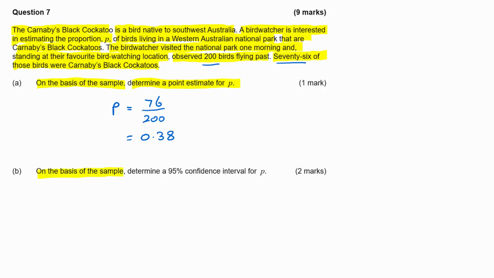On the basis of the sample, determine a 95% confidence interval for P. Well, there are different ways that you can do this. For 95%, the first thing you need to do is find the Z95 figure. We'll look at that again in a minute, which is about 1.96.